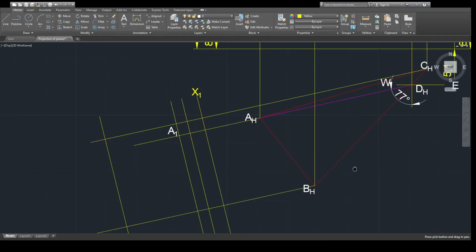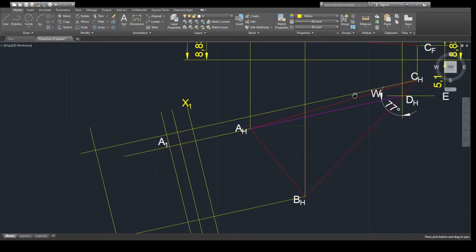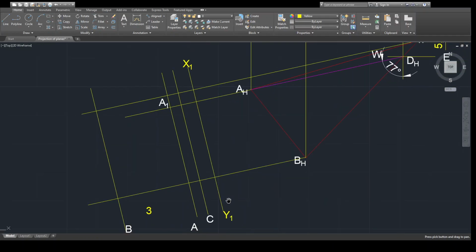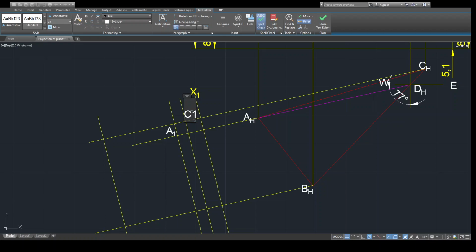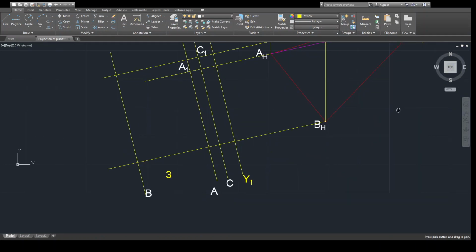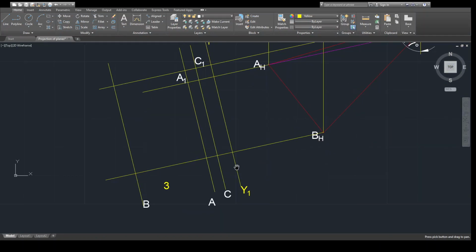Next, projection from point C. So this is the projection from point C. Where is the locus? Here. So this point we call point C1. Next, projection from point B. So this is B and this is the locus of B. So it cuts here.